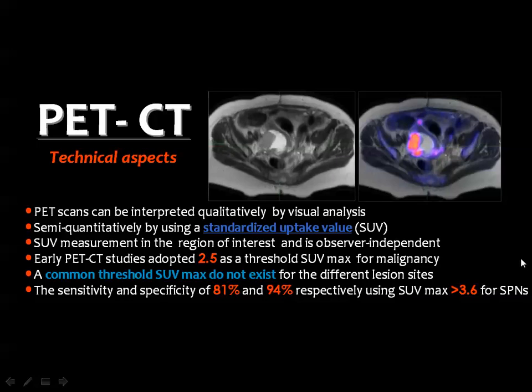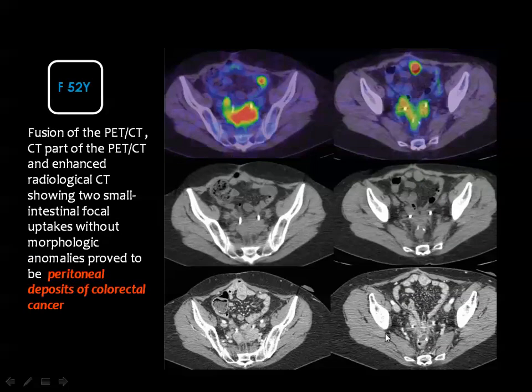And this degree of uptake can be subjectively measured or can be measured by the machine, and it's commonly agreed that the standard uptake value of around 2.5 will be suggestive of malignancy, and recent reports showed that the standard uptake value should be in the range of 3.2 or 3.6 for the confident diagnosis of malignancy.